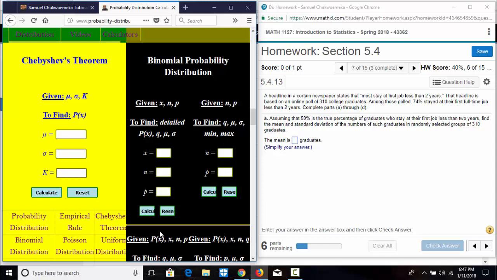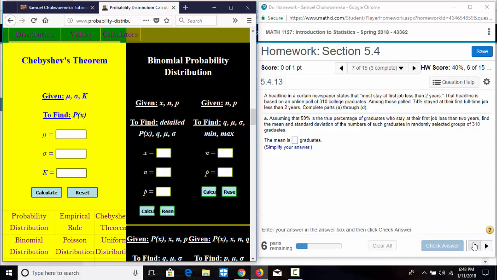Complete parts A through D. A. Assuming that 50% is the true percentage of graduates who stay at their first job less than 2 years, find the mean and standard deviation of the numbers of such graduates in randomly selected groups of 310 graduates.